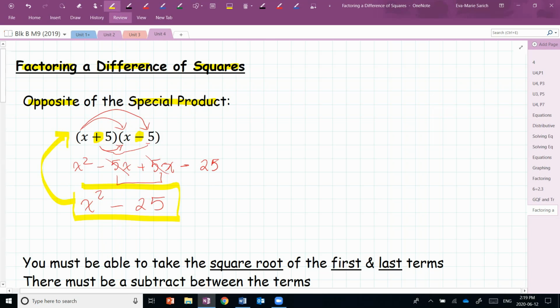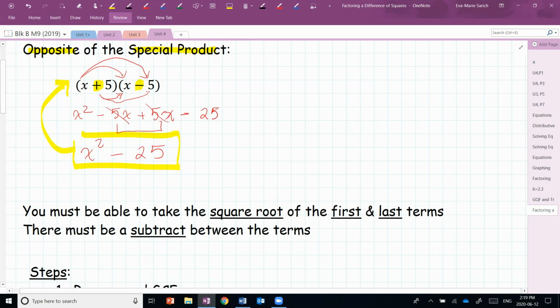Now, the easy way to do this is just to recognize what one of these questions looks like. It's going to be a binomial, and you have to be able to take the square root of the first and the last term.